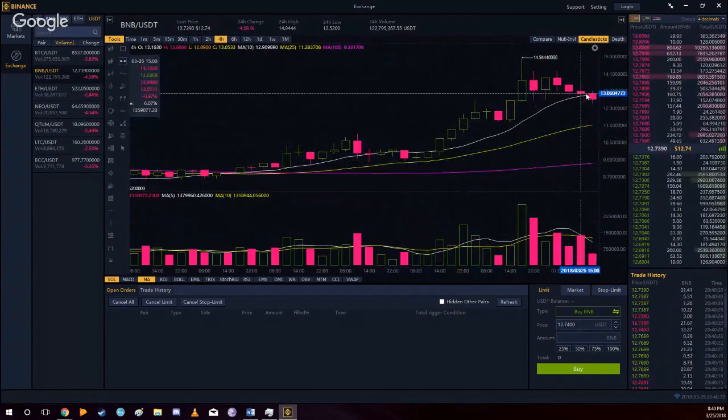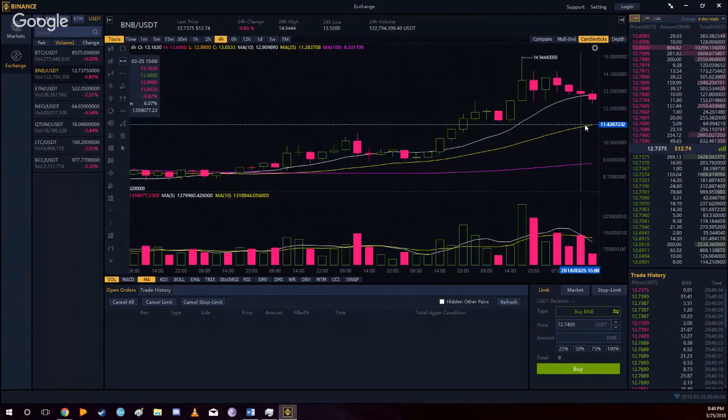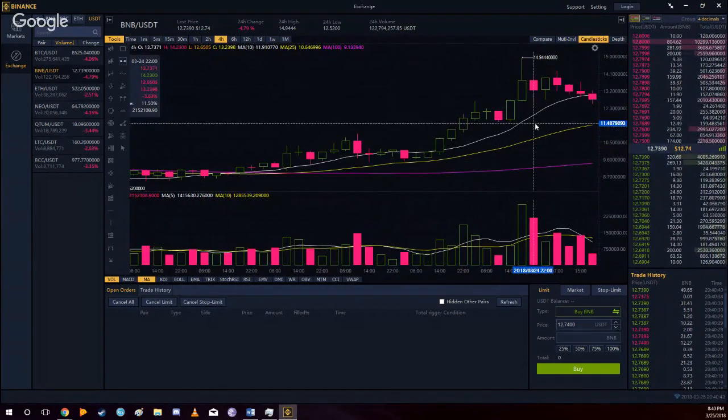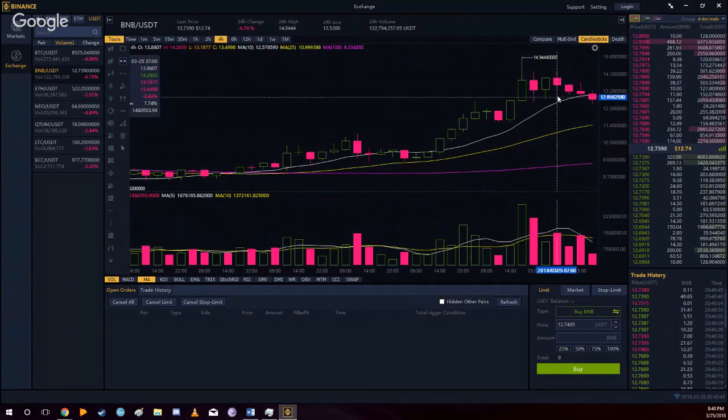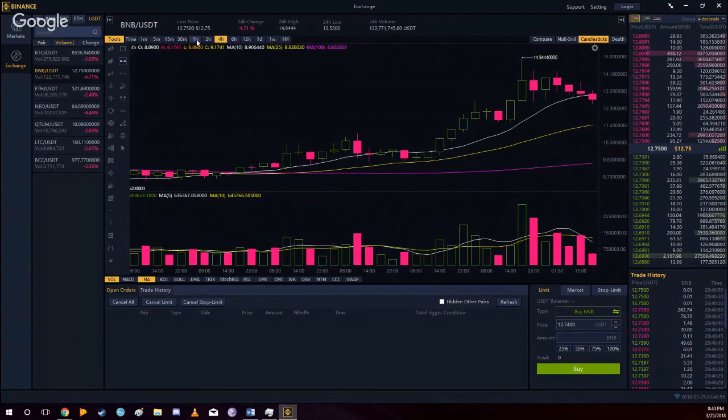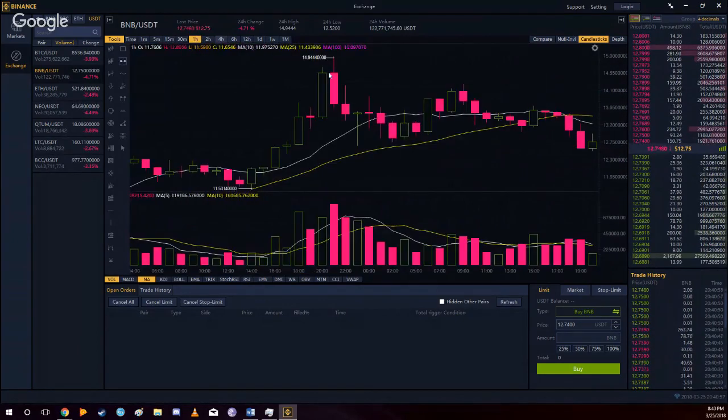It broke here, and we might expect to hit this support at 1140. This is a long time projection, so it might bounce back from here again. It might go down. If we want to find out what it's going to do in the next, I don't know, 3 to 5 hours, let's go to the 1-hour chart.